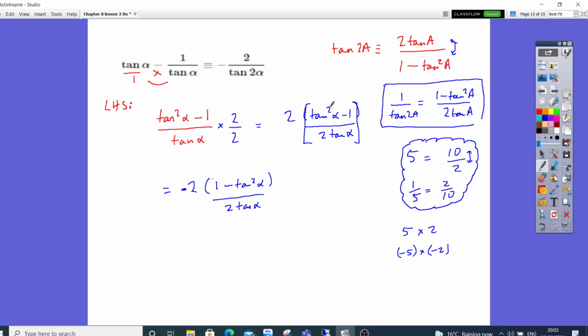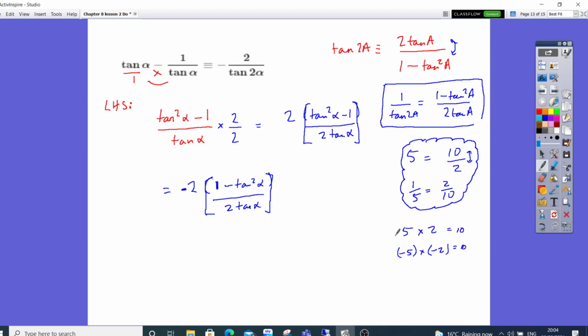By putting a negative there, the tan squared alpha becomes a minus tan squared alpha, and the minus 1 becomes a plus 1 here. So I can switch to that. Now the reason why I've done that is because I've introduced that negative, so I'm able to flip those around. Two negatives make a positive. So in this case, they both give me the same answer, 10.